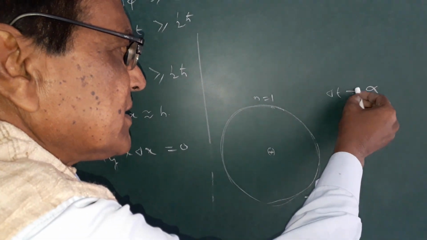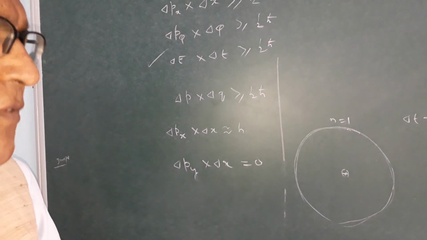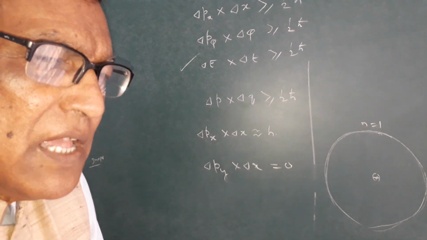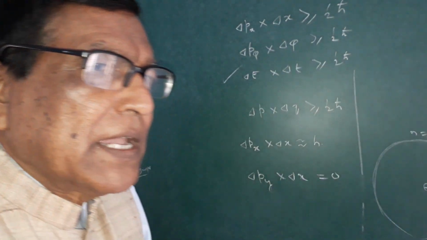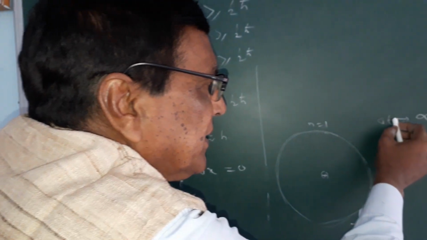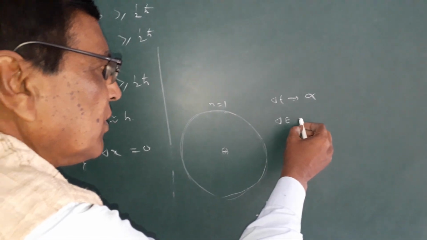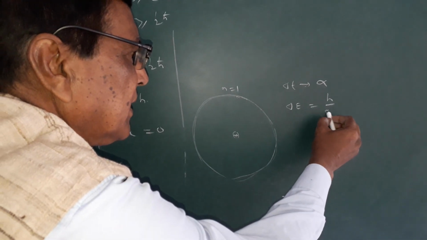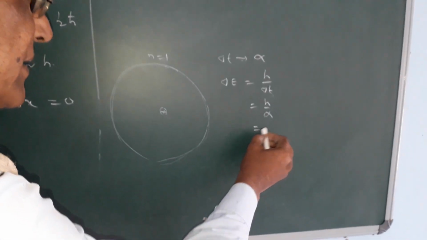Means this electron will remain in the first orbit for an indefinite period of time unless it is disturbed by some other source. So whenever delta T tends to infinity, delta E equals h by delta T, equal to h by infinity, and this is equal to 0.